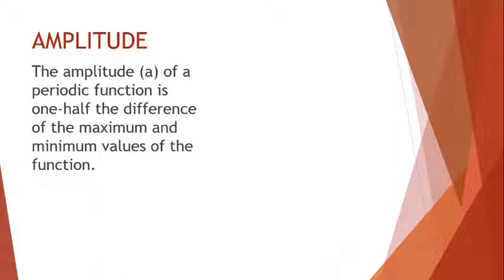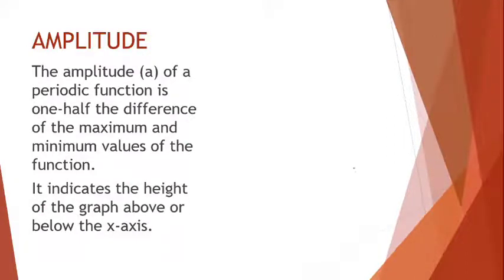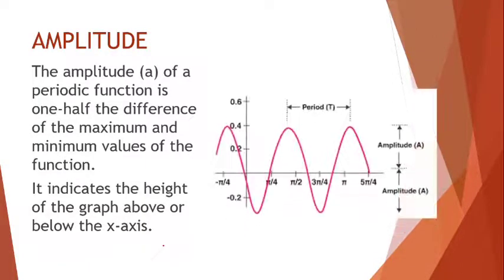The amplitude of a periodic function is one-half the difference of the maximum and minimum values of the function. It indicates the height of the graph above or below the x-axis. It is the measure from either above or below the x-axis.